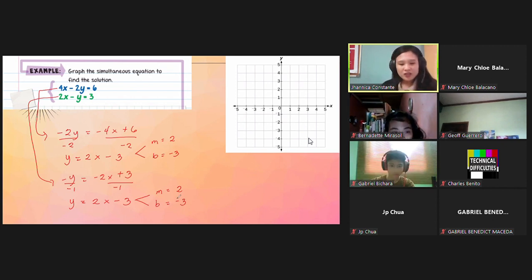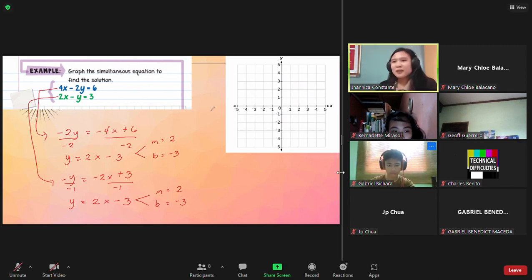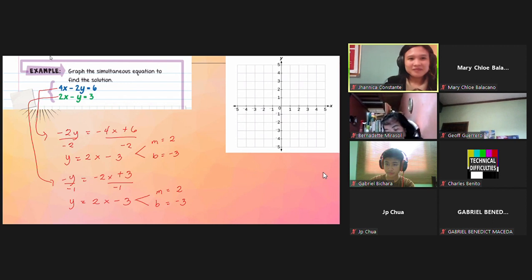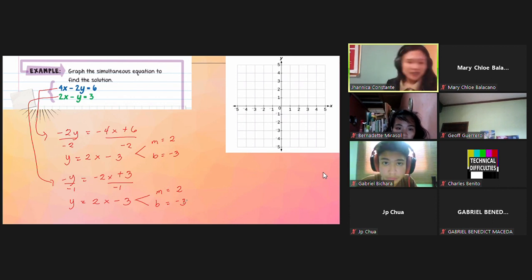Looking at the slope and the y-intercept, we have the same values.